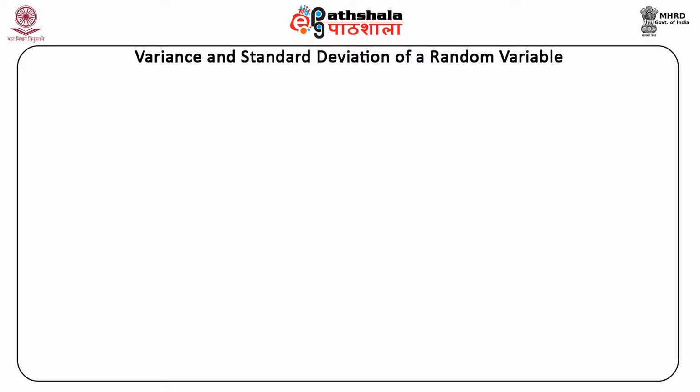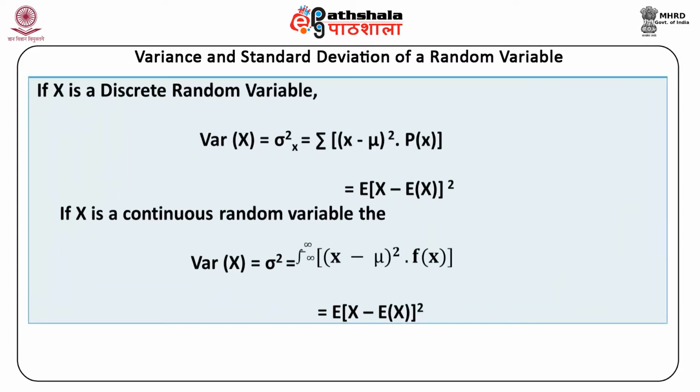Accordingly, if X is a random variable with a probability distribution P(xi) and expected value E(X), its variance is defined as follows. If X is a discrete random variable, then variance of X, denoted as sigma X square, is equal to sigma (xi minus mu) square into P(xi). That is, expected value of (X minus E(X)) whole square.